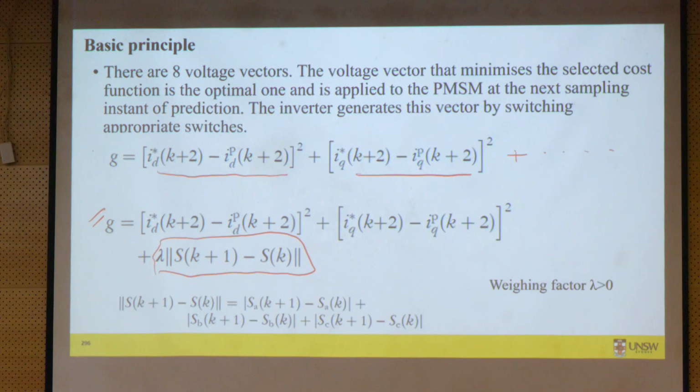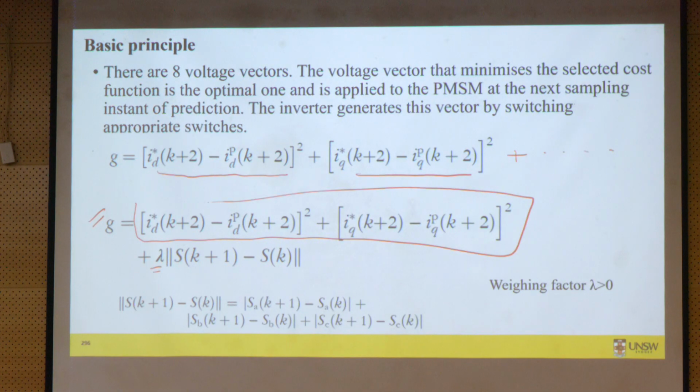The issue here is, when we have two separate cost functions as a summation, we have to provide some kind of weighing to the two of them. Okay, this is for the current part, and this is for, let's say, your switching part. So there is a weighing factor. Which one do we want to prioritize? Do we want to prioritize current prediction or the switching? So how do we decide this weighing factor?